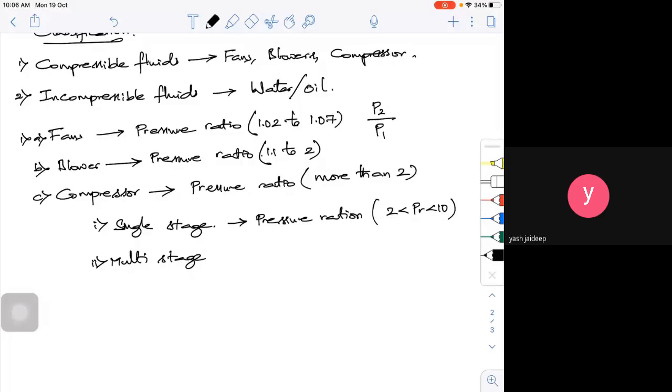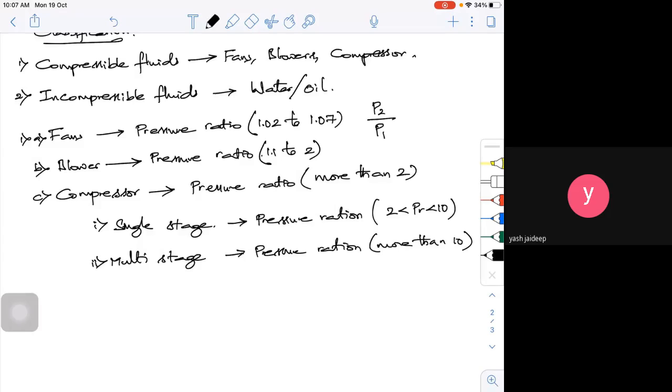If the pressure ratio is more than 10, I will go for multi-stage compression. I prefer single stage until the pressure ratio is around 10.